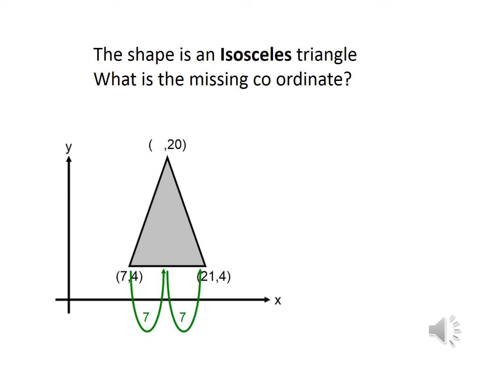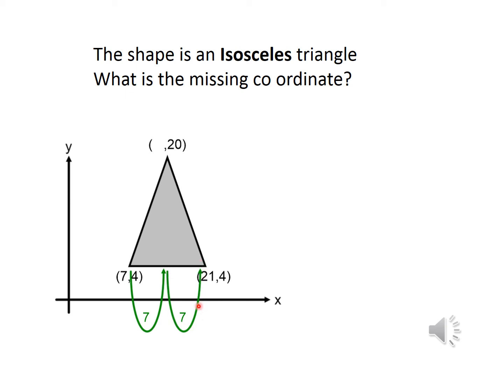Because it's an isosceles triangle, we know that the vertex at the top is exactly halfway along the bottom line, the baseline. And if the jump between the x-axis point of 7 and the x-axis point of 21, the bottom two vertices, is 14, then we know the midpoint must be 14, because 7 and another 7 is 14, so that takes us to the middle, and then 14 and another 7 would take us to 21, which would take us to the next vertex.